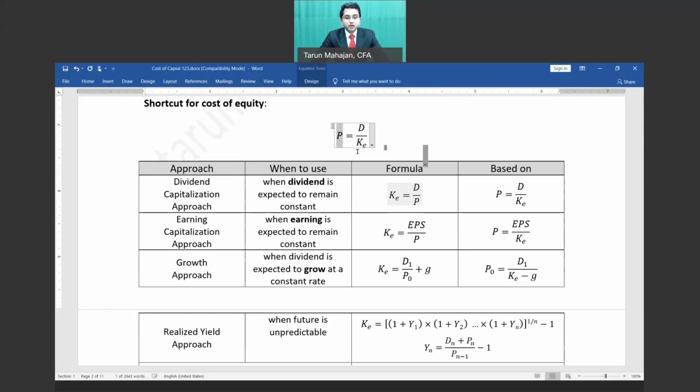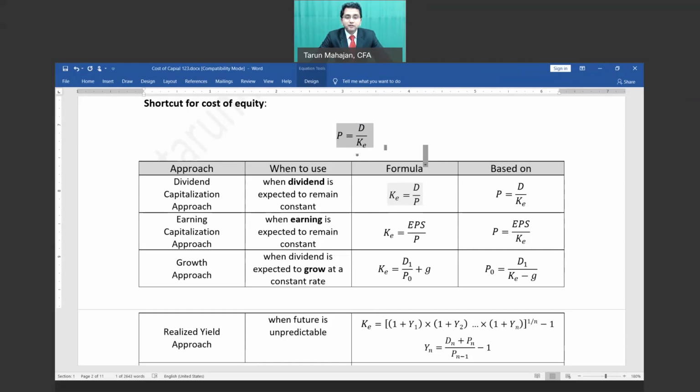Value of the equity share, that is equal to amount of dividend divided by cost of equity. Value is equal to performance divided by expectation. Value is P. Performance is the amount of dividend. And KE is the expectation of equity shareholder.